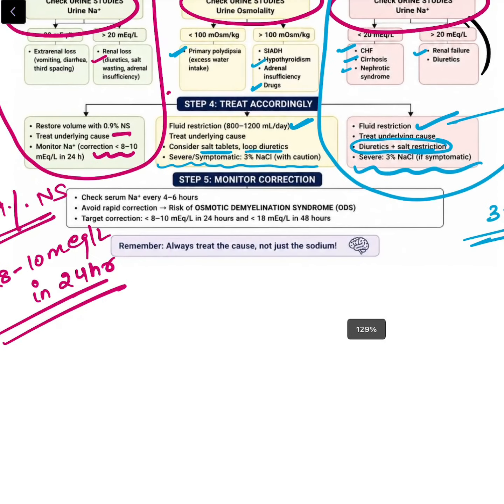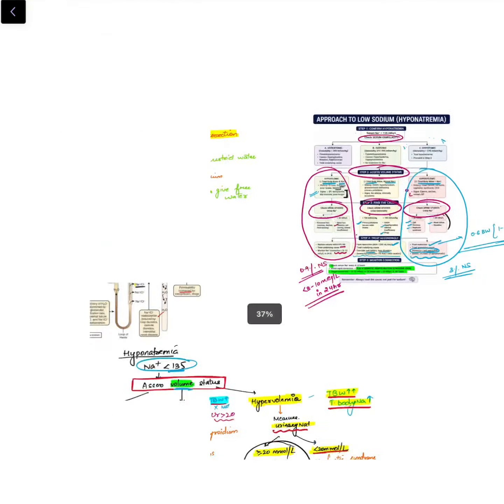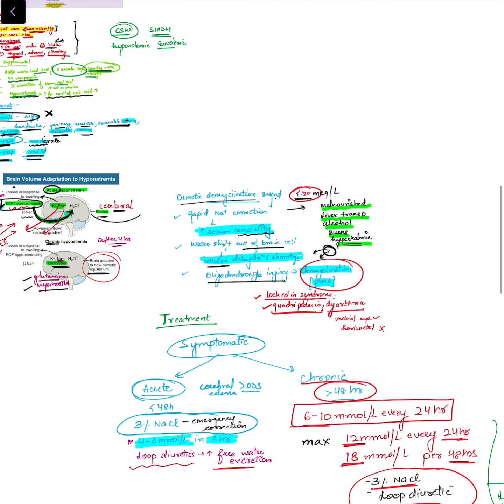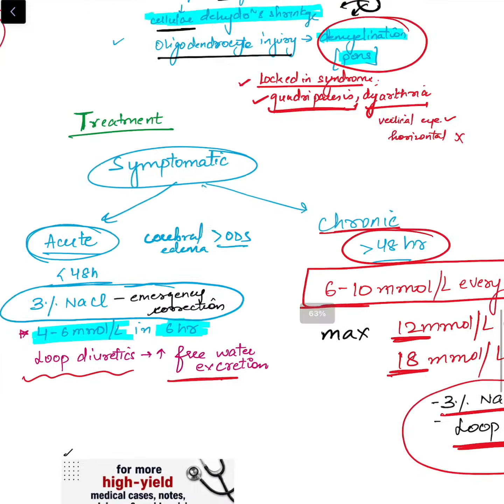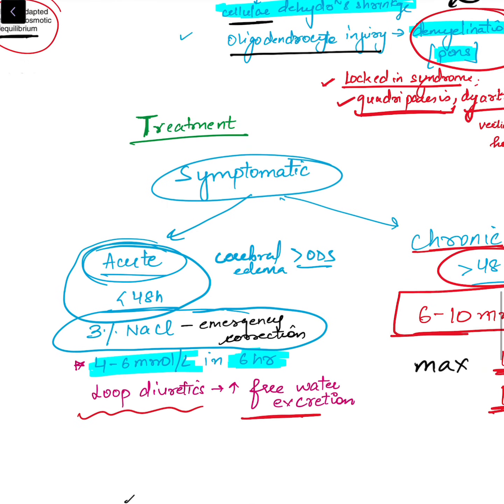In this case you need to be careful about how much sodium you are correcting. Your target should be less than 8 to 10 in 24 hours and less than 18 in 48 hours because of the risk of ODS. There's another way you can learn this. If a patient comes to you symptomatic and acute, within less than 48 hours, you need to give 3% NS.